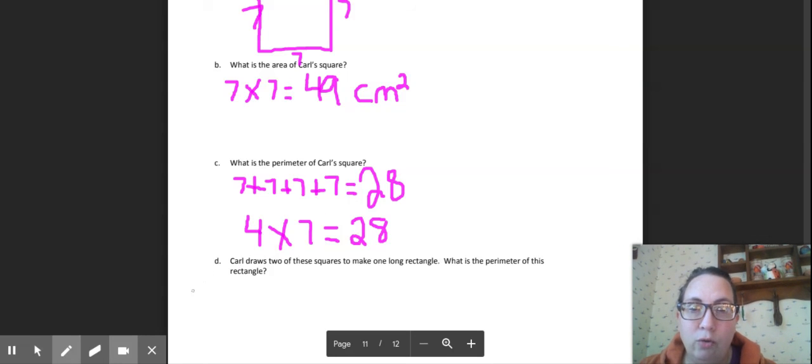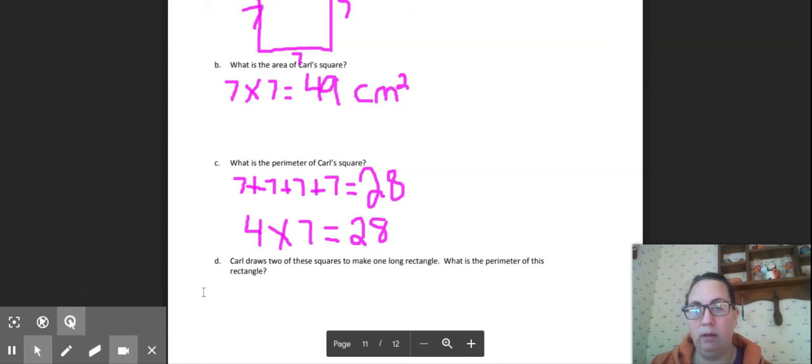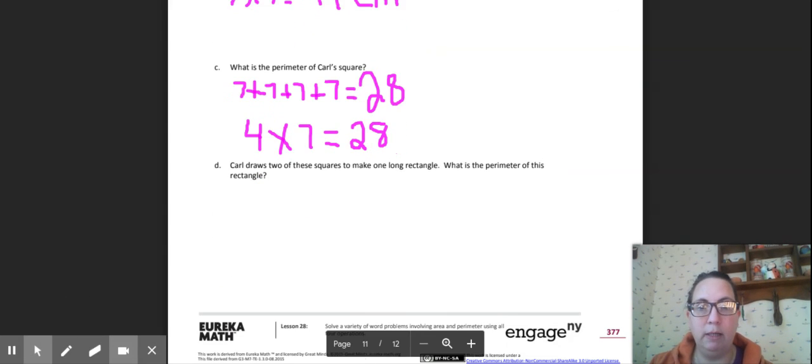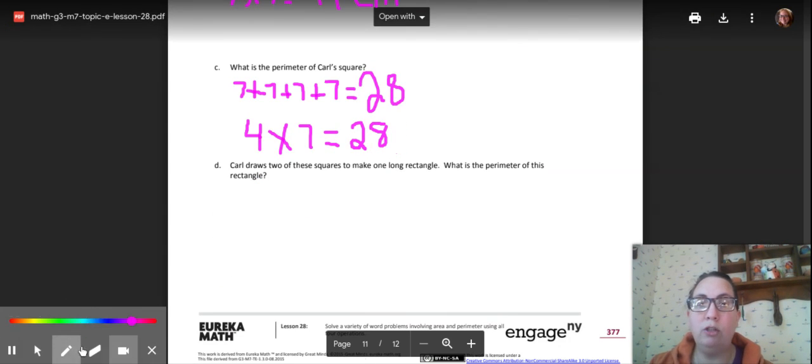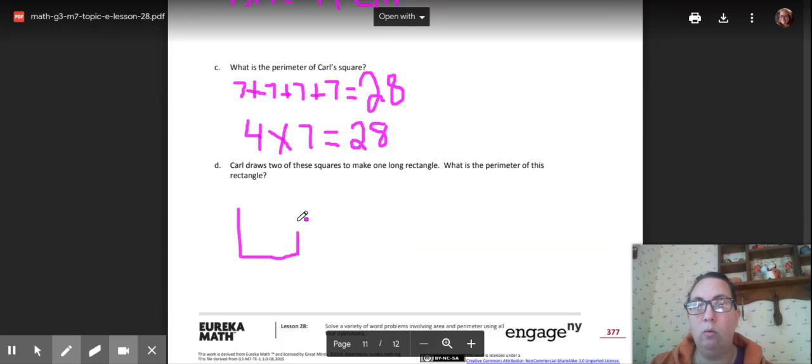D, Carl draws 2 of these squares to make one long rectangle. What is the perimeter of this rectangle? I'm going to move this down a little bit so I have some more room. So he needs 2 of those squares. So I'm going to draw 1 square, 2 squares.